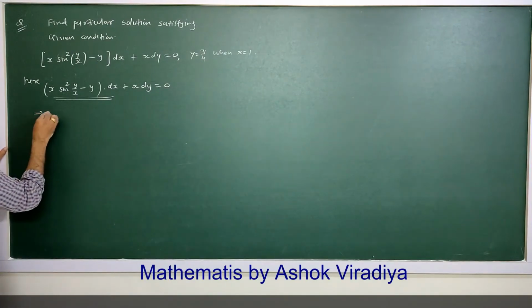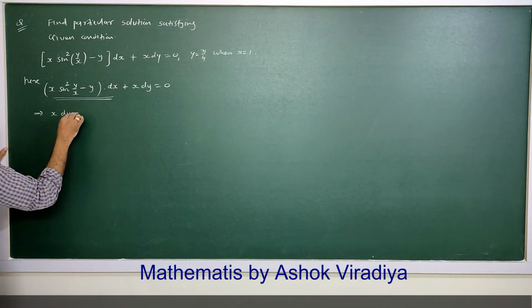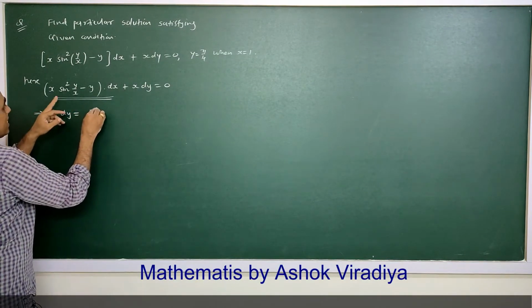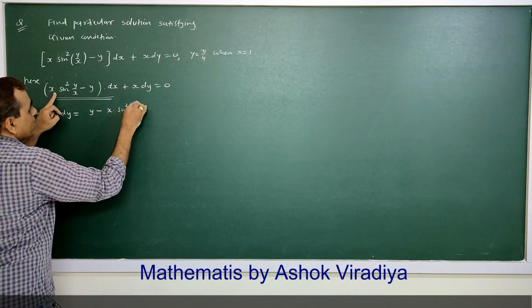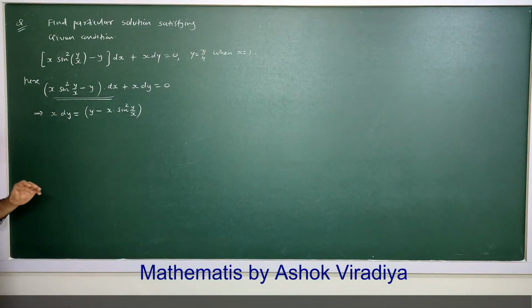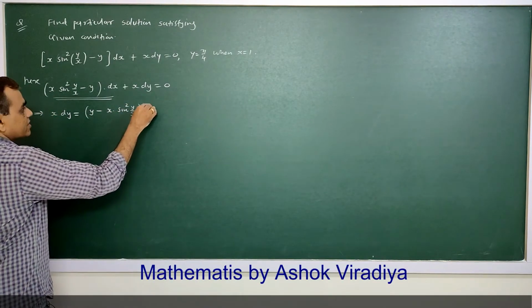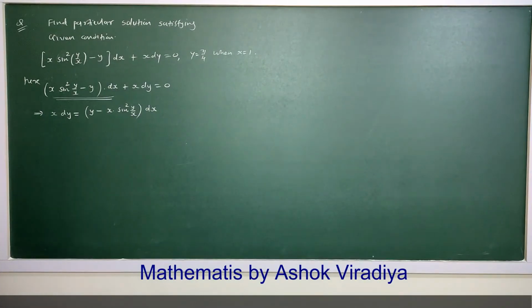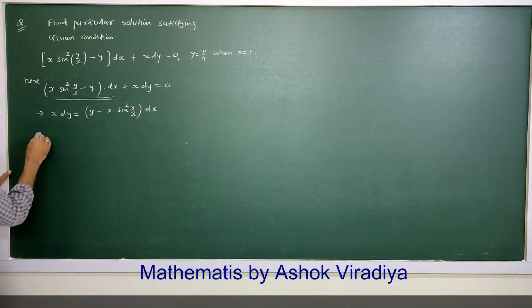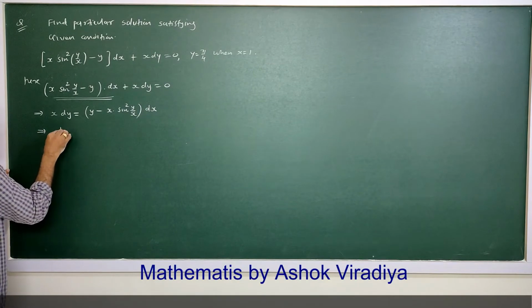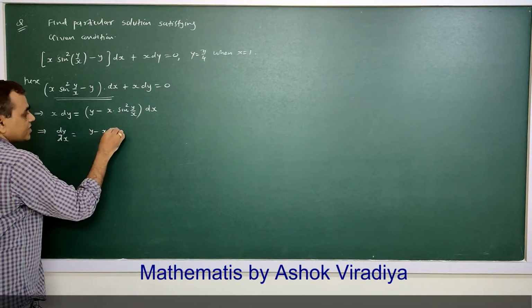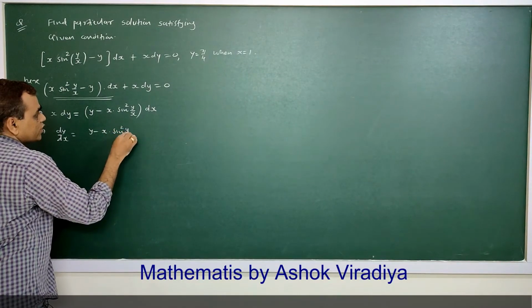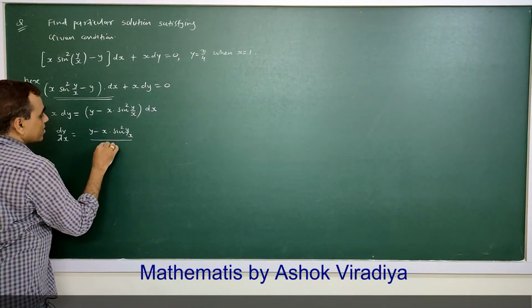So x into dy is y minus x into sine square of y by x dx. That means dy by dx is y minus x into sine square y by x upon x.